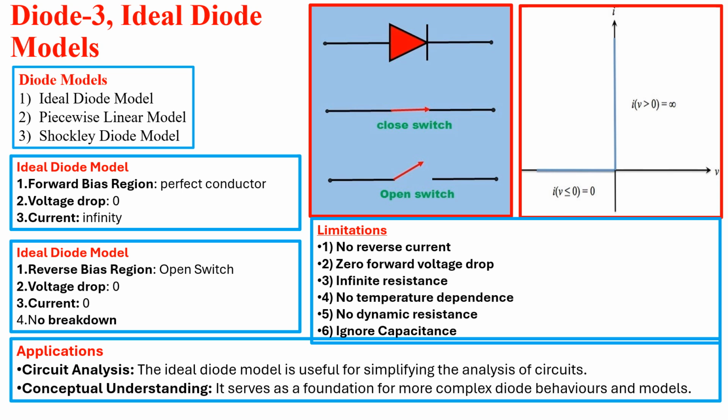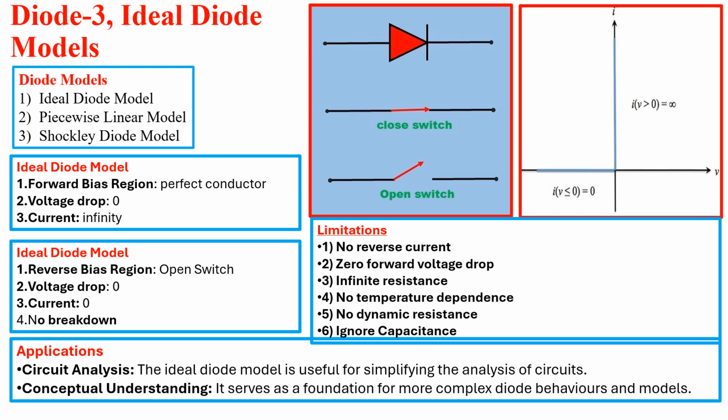Non-ideal switching behavior: in practical circuits, diodes have finite switching time, and the ideal model does not account for the delay during turn on and turn off.